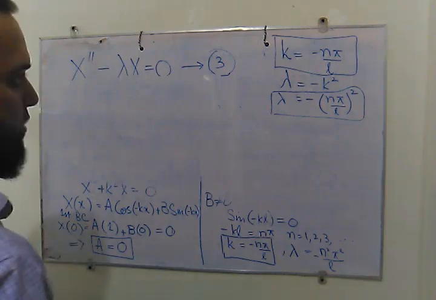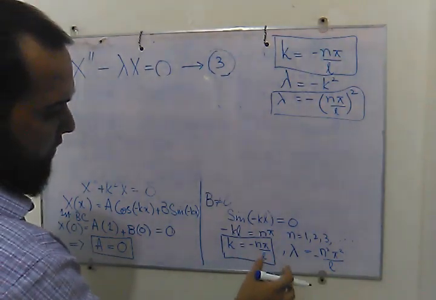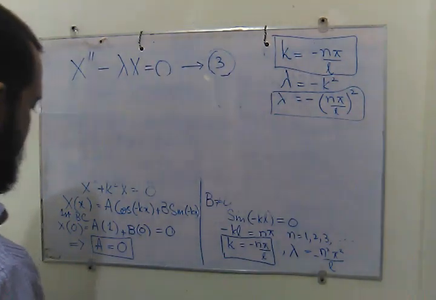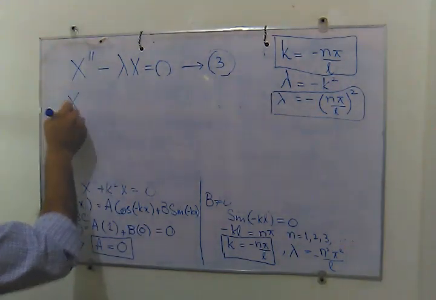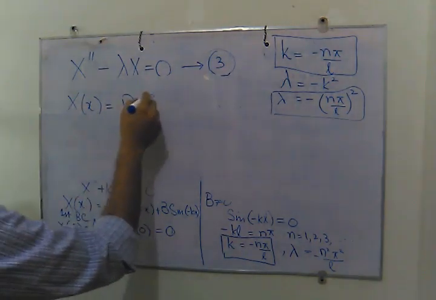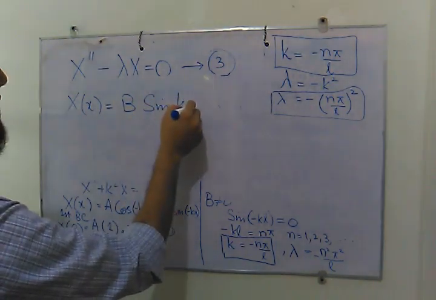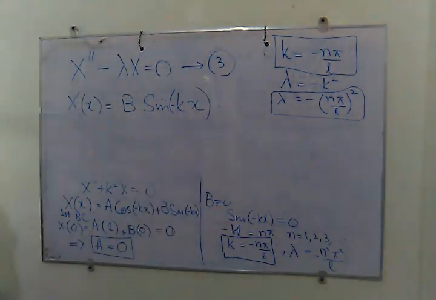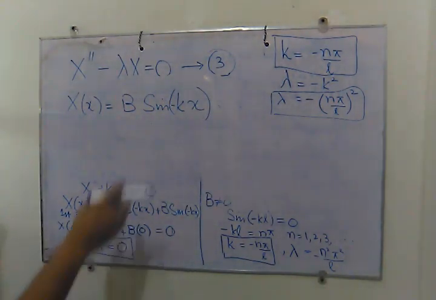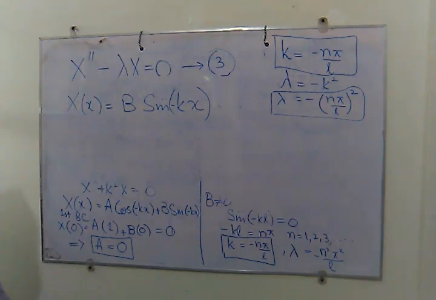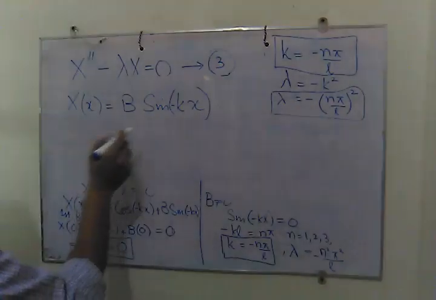Alright, so lambda is equal to minus k square. We have the value for k and we have the value for lambda as well. So our general solution for this equation now becomes b sine kx. Since we have seen that a is already 0, the general solution is reduced to this. We can put the value of k here.